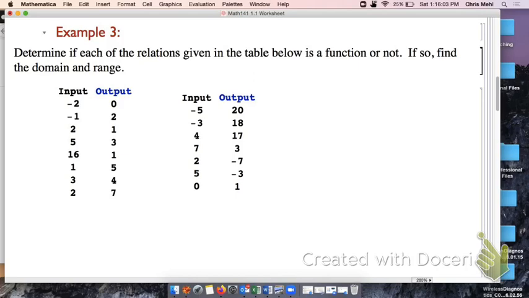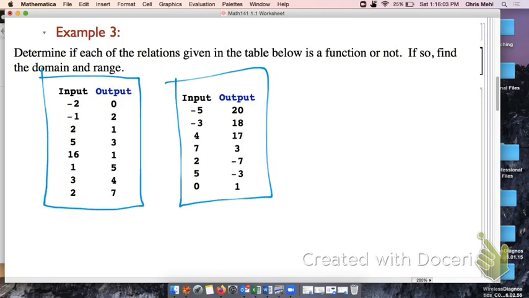What I have here is two tables, and each table represents a relation. I'll box this one on the left. That's relation 1. Here's relation 2. And the question is, could each of these relations below represent functions or not? And if so, find the domain and range.